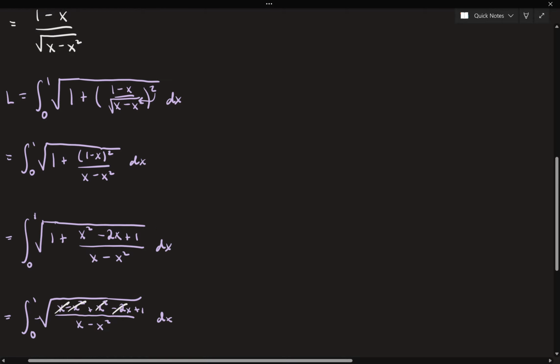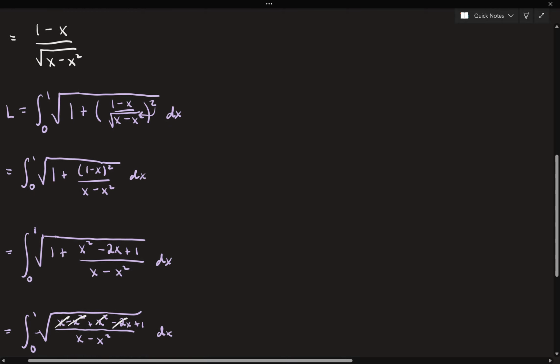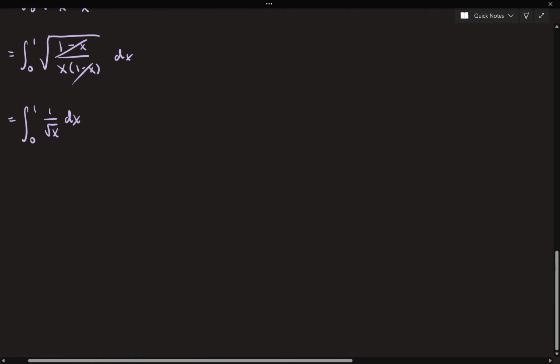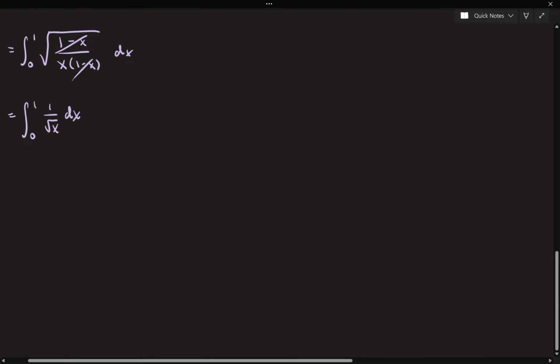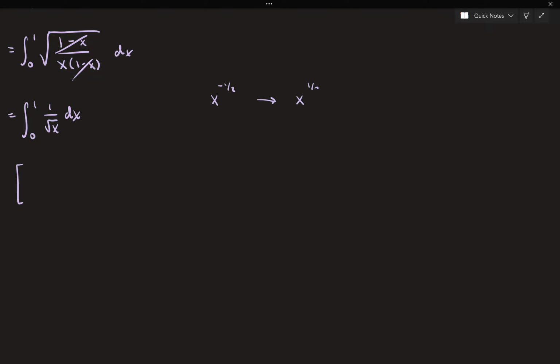That was really, really, really tricky, but now finally it's an integral that I know how to do. So 1 over root x is just x to the minus a half. So that turns into, let's write it out. I add 1 to the exponent and then divide by the new exponent.